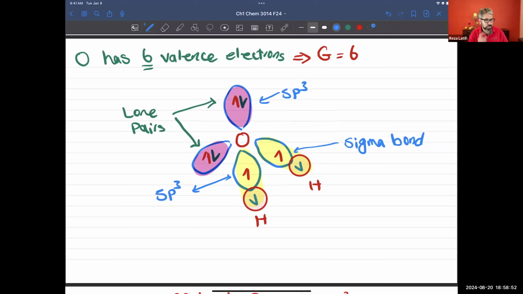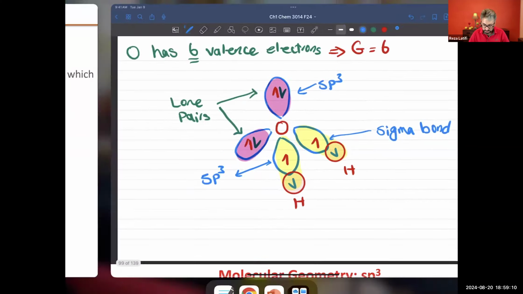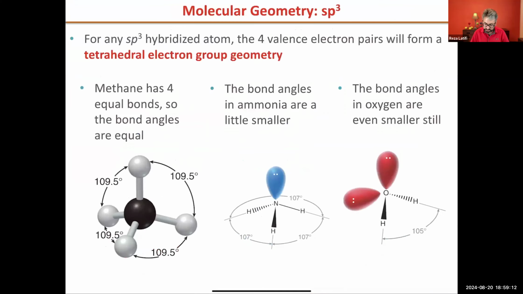Okay, so when you're talking about hybridization, you need to include the sigma bonds on the central atom plus the lone pairs that are sitting on the central atom. Okay, and so I technically finished.